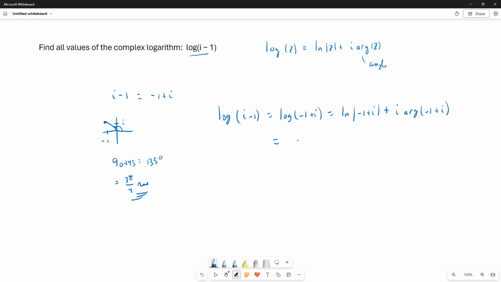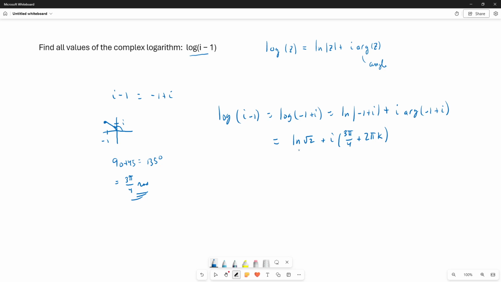Now the modulus of the complex number is the square root of 2. And then one argument is 3 pi over 4. And then there's infinitely many arguments, because you can add any multiple of 2 pi to a given argument.